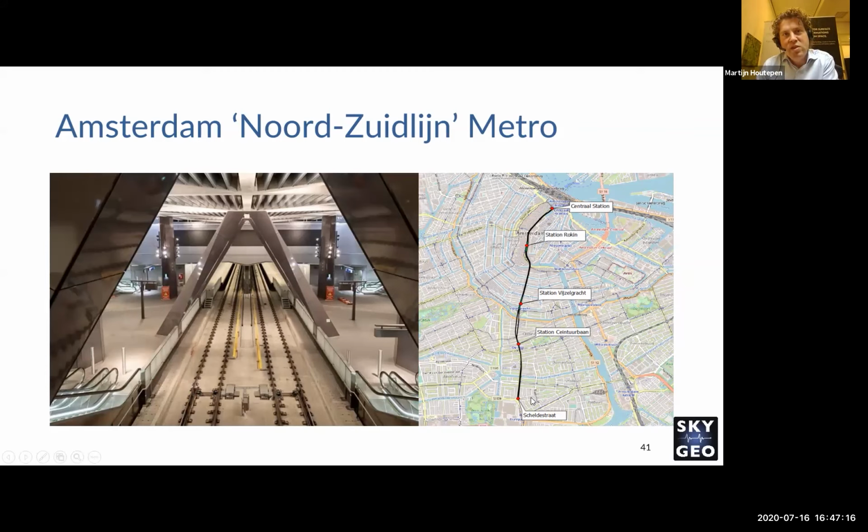Amsterdam has historically always had a softish soil with a lot of different layers. The construction method is very complicated here, with freezing parts of this soft soil and building into that. And this is a view of one of the stations. I think this is at RAI, but I'm not sure because they all look alike.